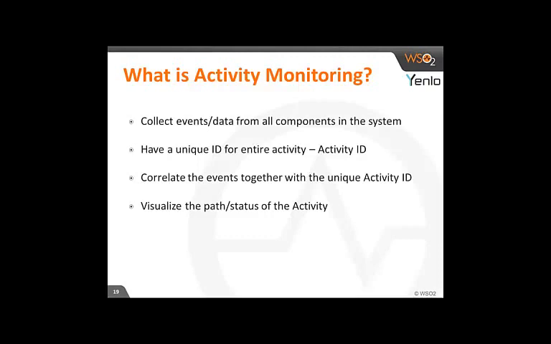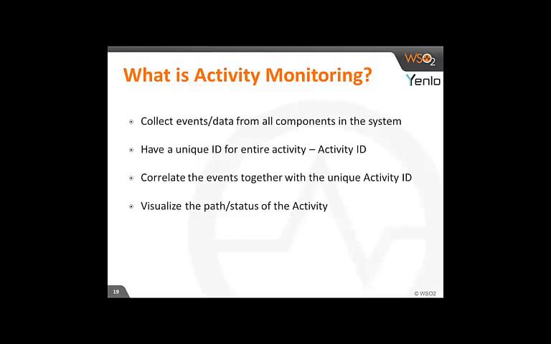So this diagram shows you basically how the student registration process happens and how the business activity monitor is being involved. As you can see, once the student registration information has been generated, immediately an activity event is being published, and then when it reaches each and every end component, at that stage also the activity event is being published.